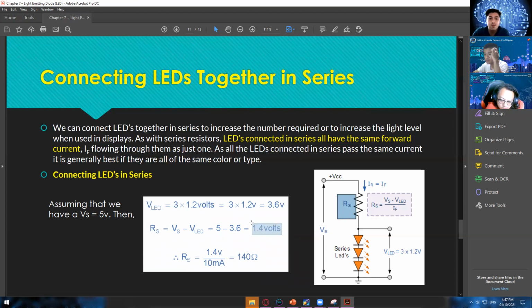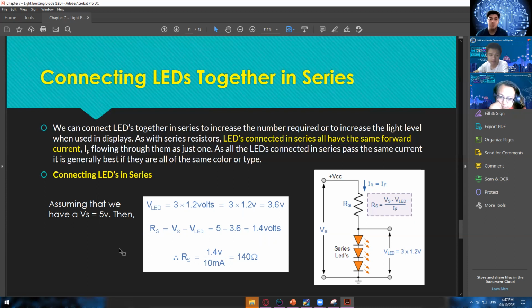And this one should be a resistance. However, I is equal to V divided by R, and V is equal to I times R. Anyway, I'm not sure if this is a typo, but after solving, this one is correct, which is 1.4 volts.